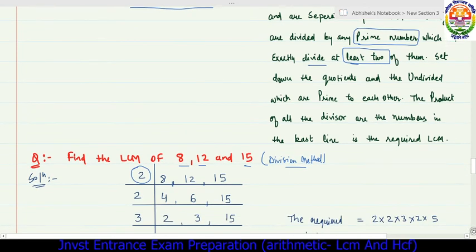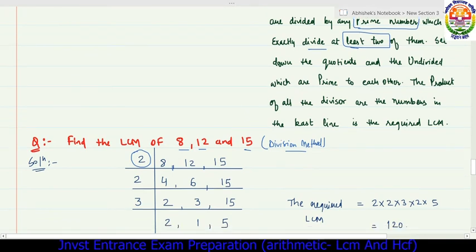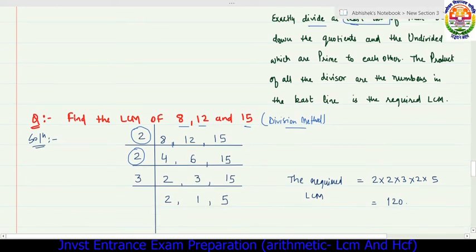Is it clear? Now the answer is 4, 6, 15. Again we take the least number that divides at least 2 of them. So I take 2 again: 2 fours are 8, 2 threes are 6, and 2 cannot divide 15, so 15 is written the same. Now 2, 3, 15 remain.